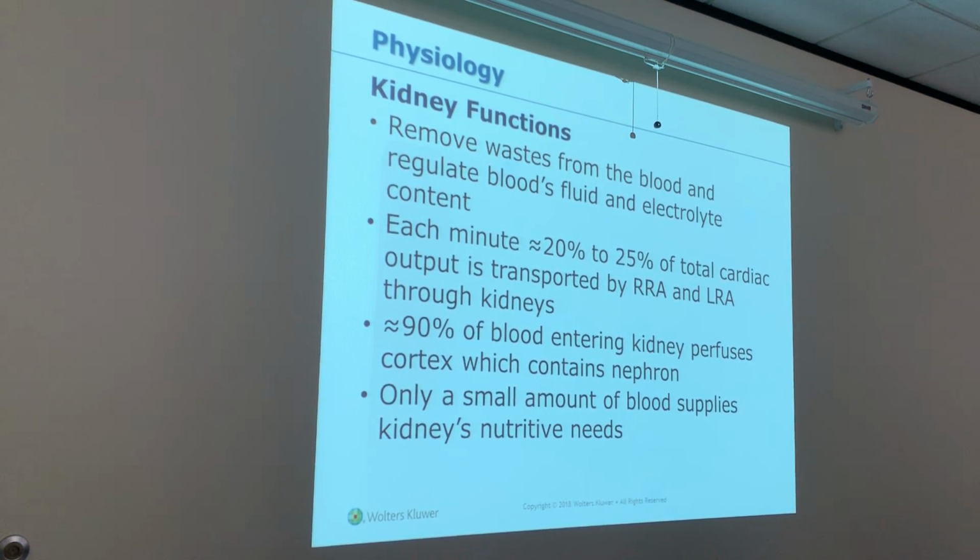Each minute, about 20% of the total cardiac output goes through the right renal artery and the left renal artery. 90% of that blood entering the kidney goes through the cortex, which is where the nephrons are located. Only 10% of the blood that gets to the kidneys keeps the kidneys alive. Isn't that amazing?